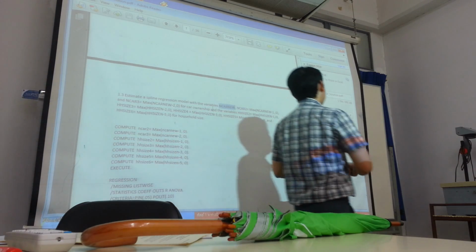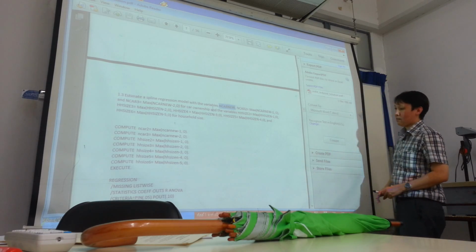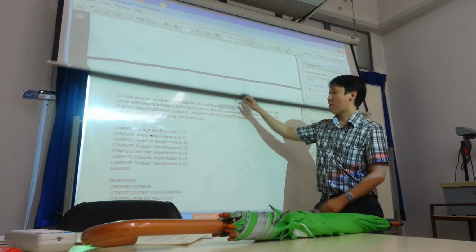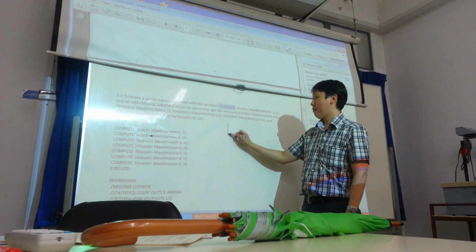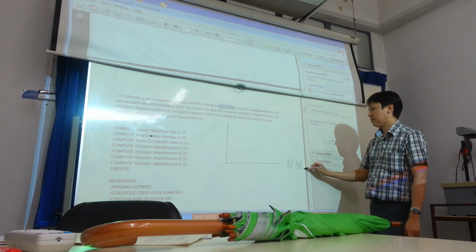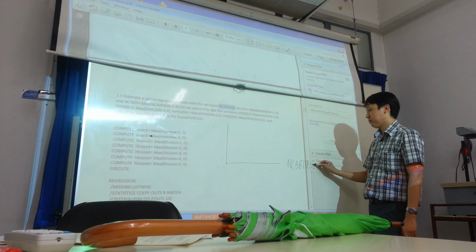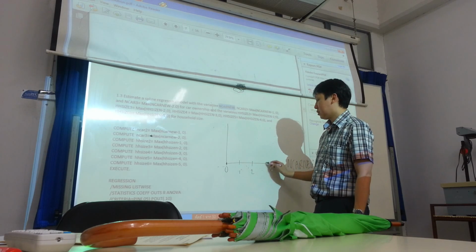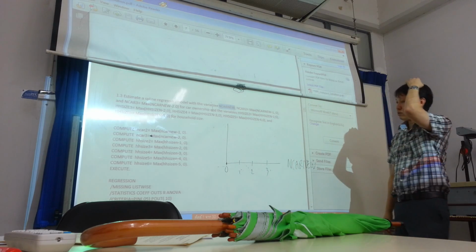To be clear, we can draw the graph. This is the number of cars. We are allowed to have 0, or 1, up to 3, right?